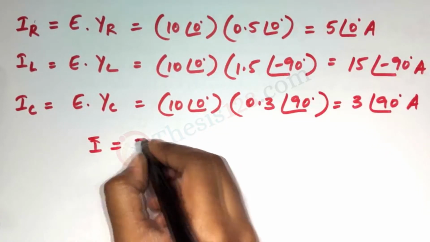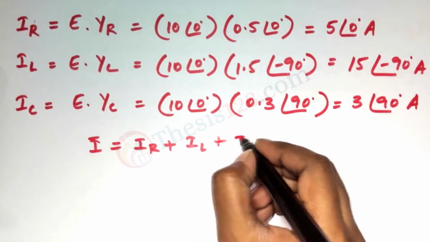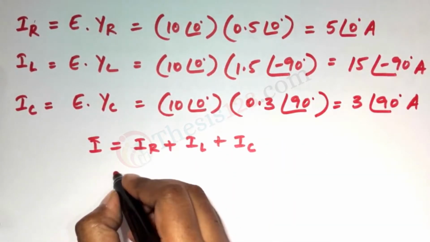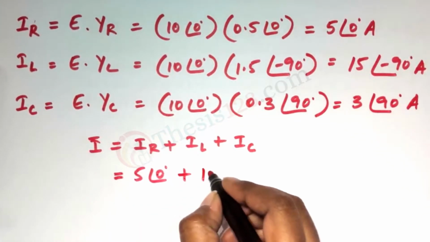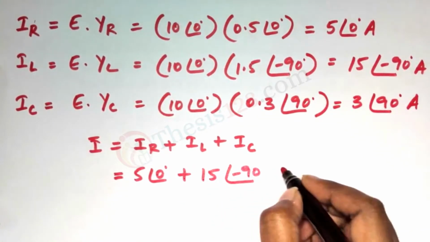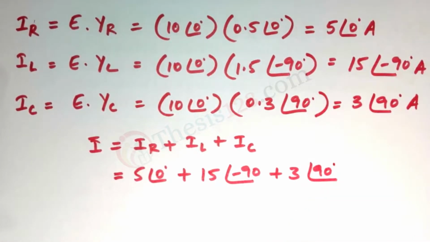So we have the value of the three currents. Now to find out the phasor current of I, it is the sum of all these three currents, IR plus IL plus IC. And that would be 5 angle 0 plus 15 angle minus 90 plus 3 angle 90.